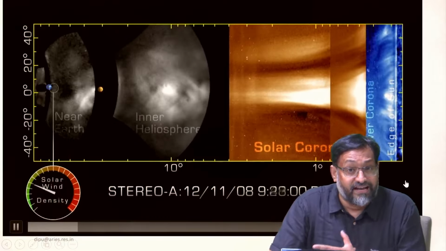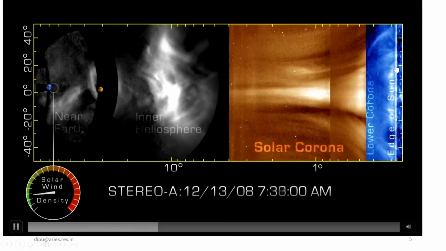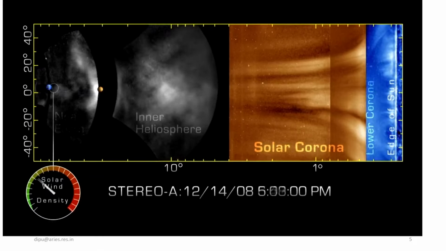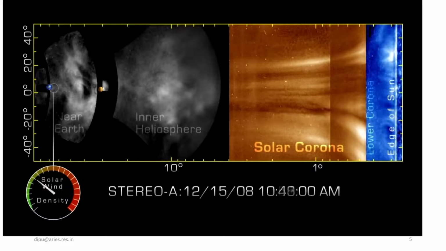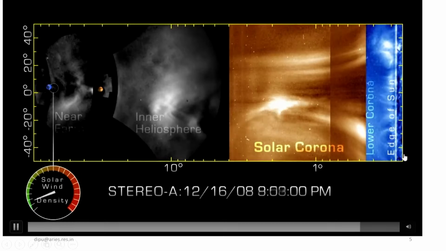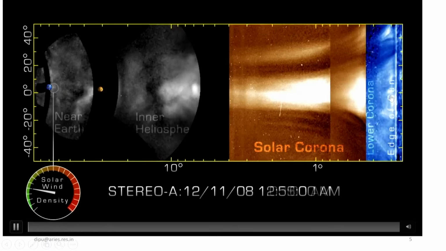Now, if I leave the sun and go into interplanetary space, here is a movie taken from different satellites, because one satellite cannot have so many different instruments covering all this sun to Earth distance. So if I now take a slice, this is what is happening at the edge of the sun.